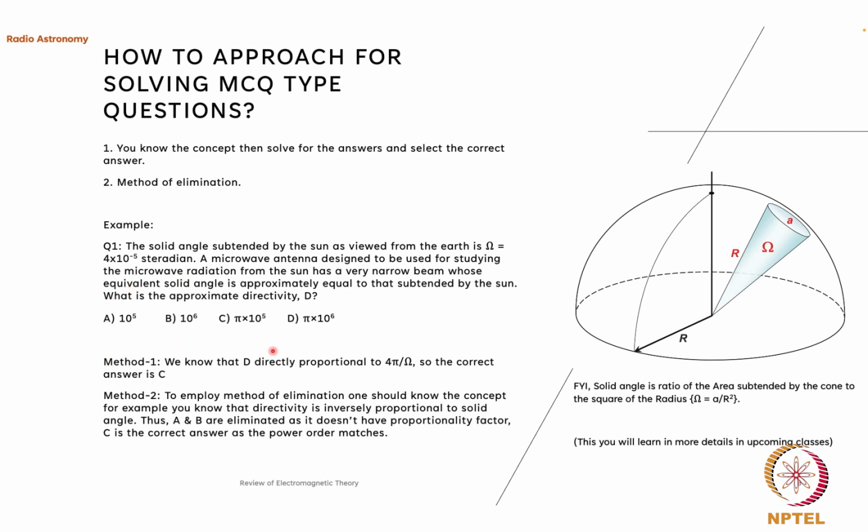So C and A are the most probable answers. Since directivity is inversely proportional, you have to see the word proportionality. Proportionality means there should be a proportionality constant. So that means C is most probably the correct answer, because you can see the pi as a proportionality constant there. Okay, so this is how you solve an MCQ type question.